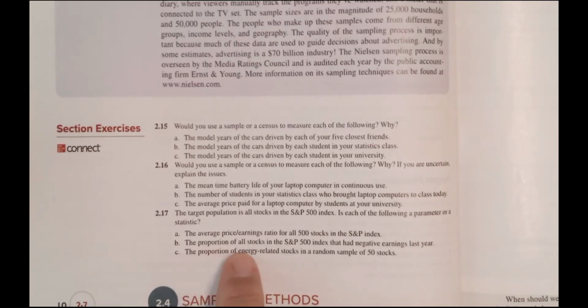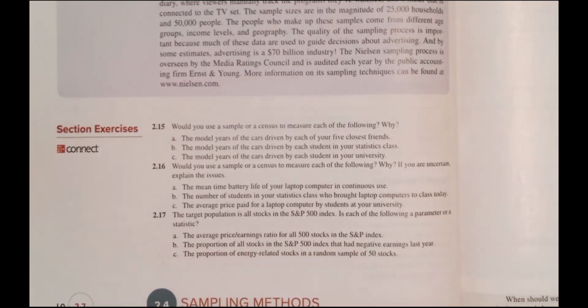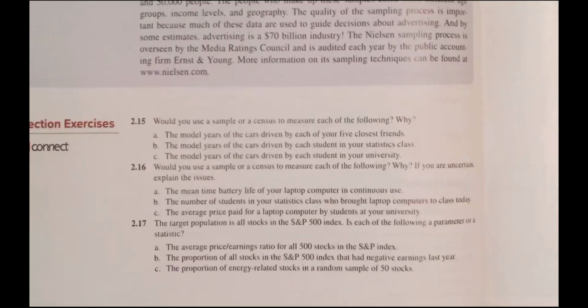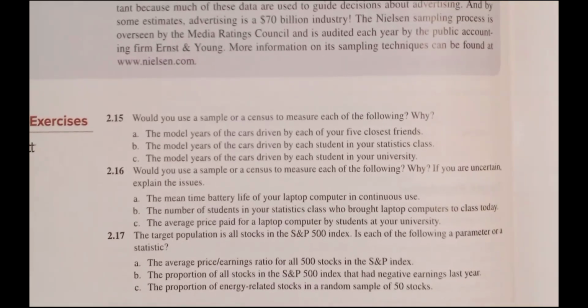The proportion of all stocks in the S&P 500 index that had negative earnings last year. Well, you either had negative earnings or you didn't, right? So that would cover.